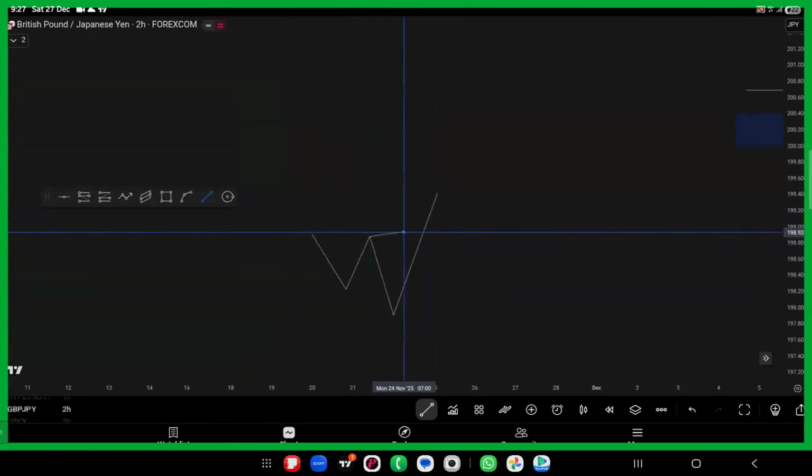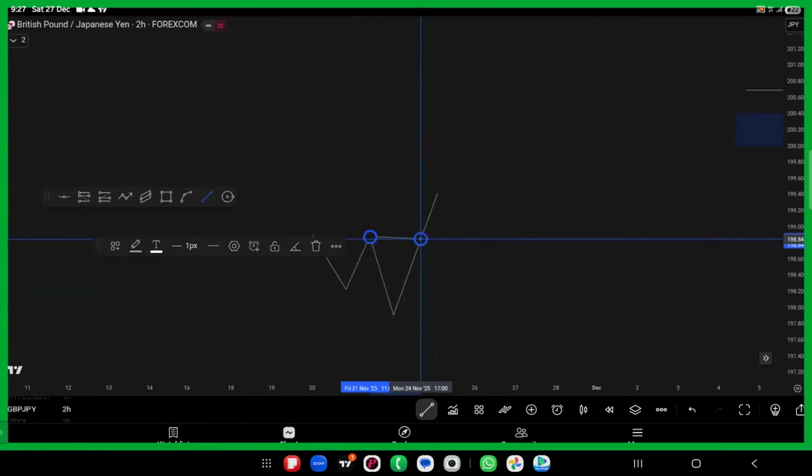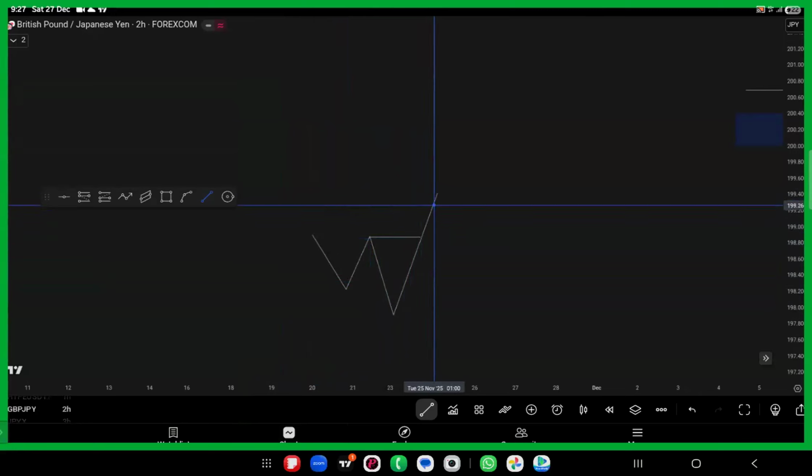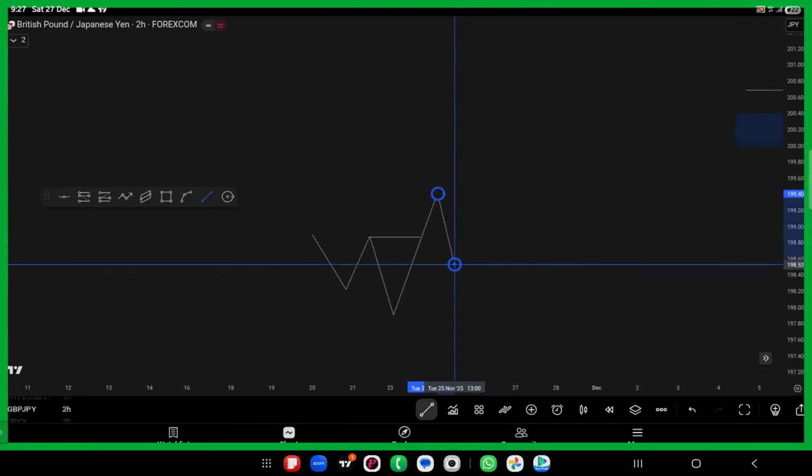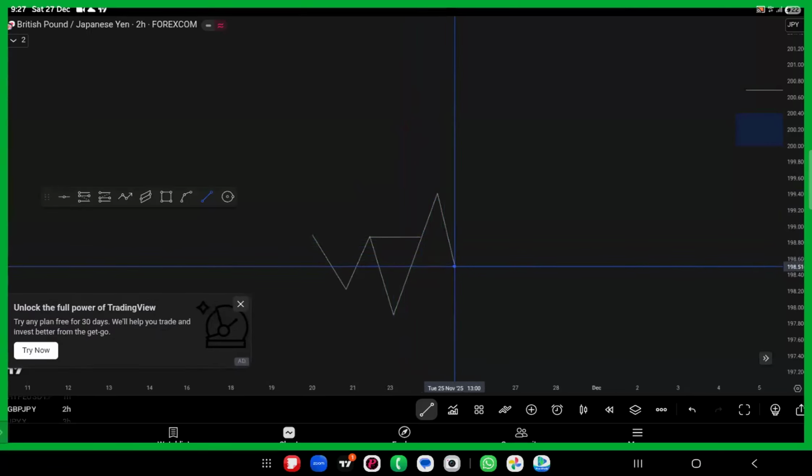We now have our market structure shift at this particular level. Now, your inducement is going to be the first pullback. Pullback simply means that after an impulsive move, a correction move, all right, that is a pullback. So the first pullback after a market structure shift, this will then be your inducement.